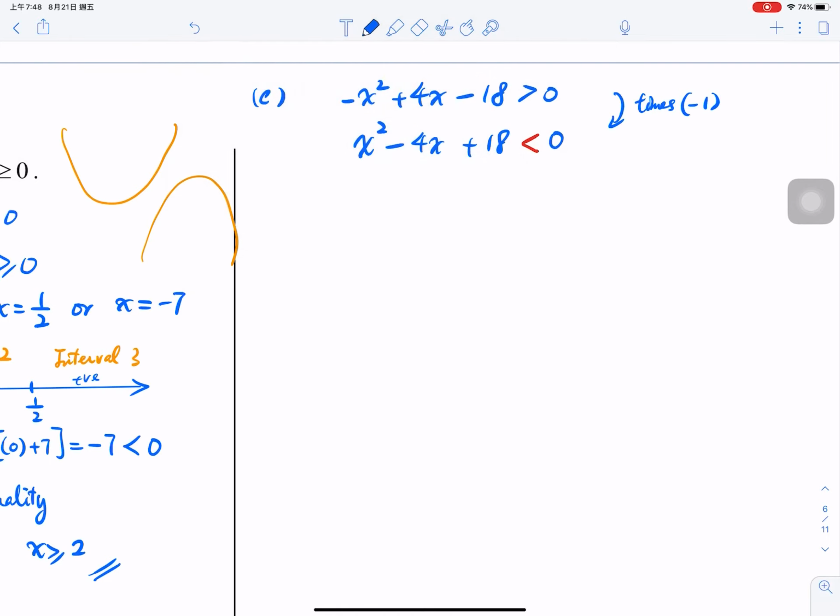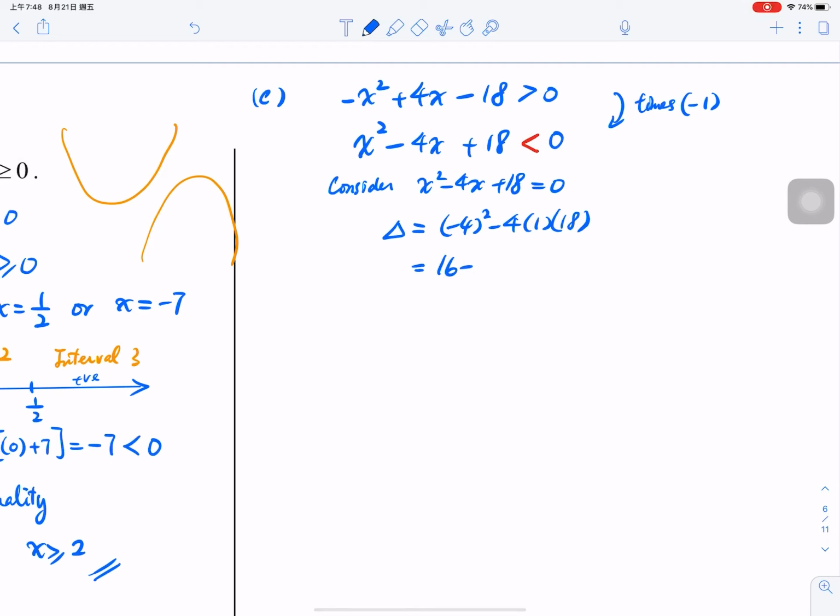And now, you found that this one seems to have no answer for the quadratic equation, right? So if you consider this one, what's delta? b squared minus 4ac.